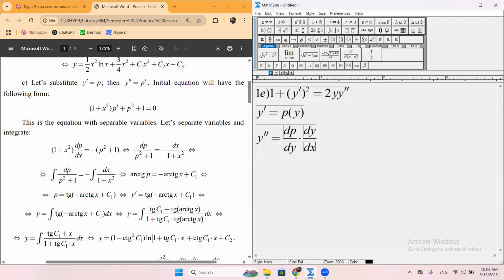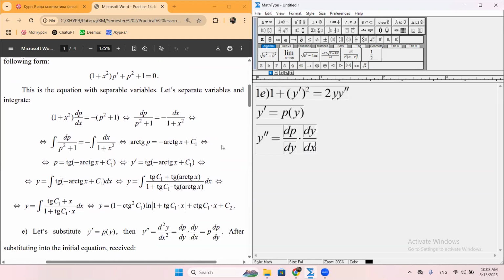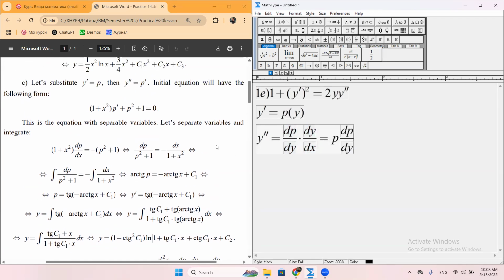And we will simplify this dy by dx, so it will be equal to p multiplied by dp by dy.